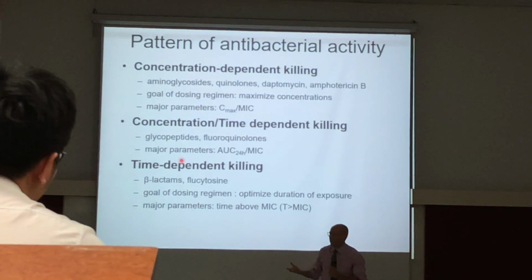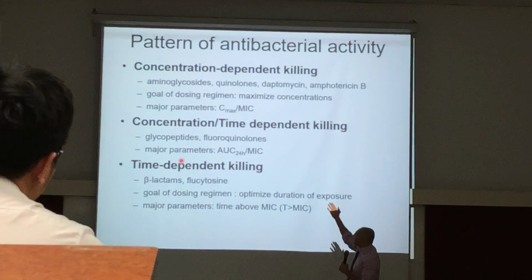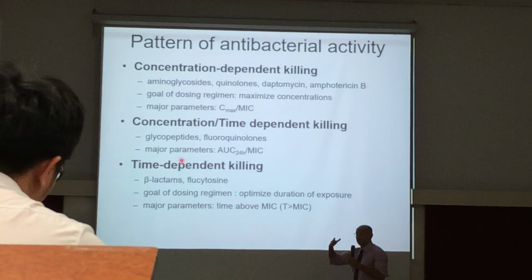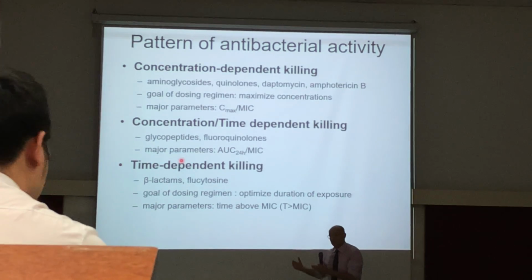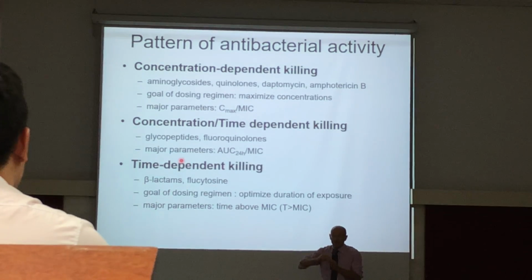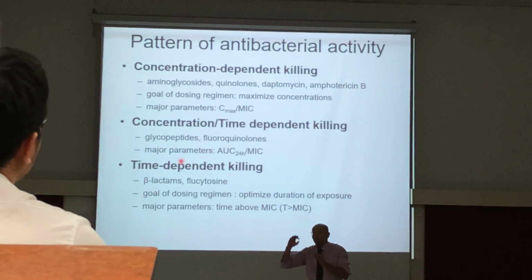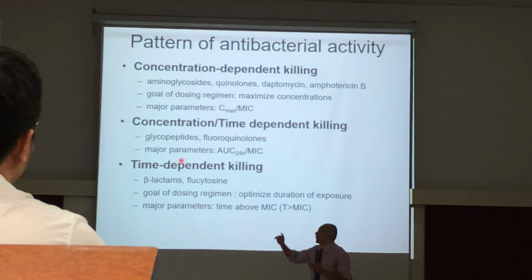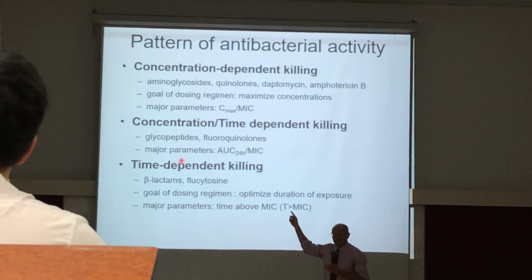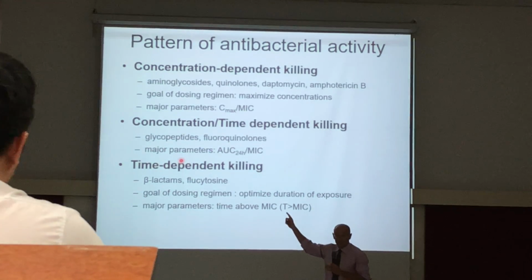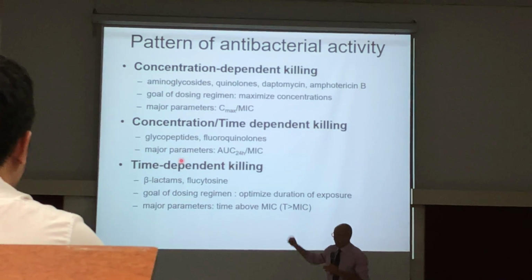There are other antibiotics that are concentration and time dependent. So I have to increase the Cmax, but I also have to increase the extent of the drug over time. In this case, AUC, the area under the curve, is the really important parameter.